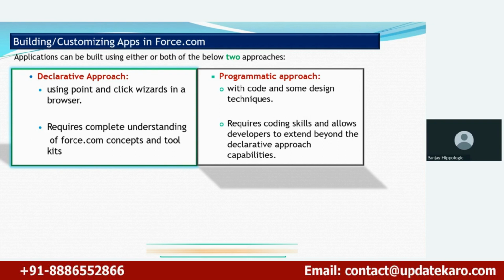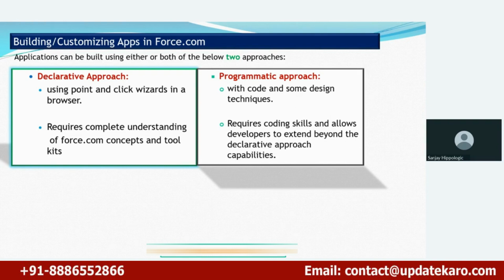But when we have a specific requirement that cannot be met with a declarative approach, only then we will go for the programmatic approach. So for this decision making, when should we go for a programmatic approach, first you should be very aware of what the capabilities of the declarative approach are.